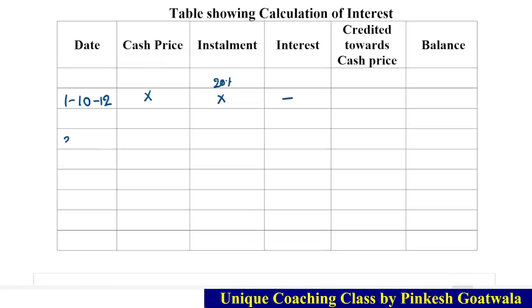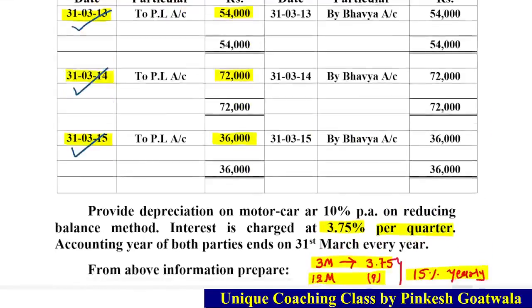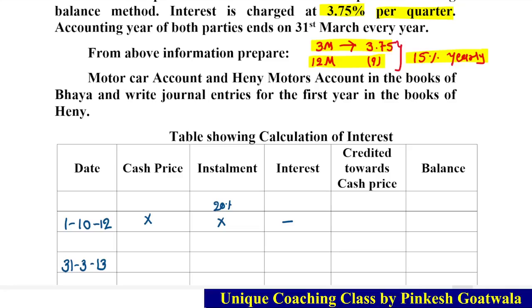We have the amount of interest: 31st March 13, 14 and 15, amounts 54, 72, 36.